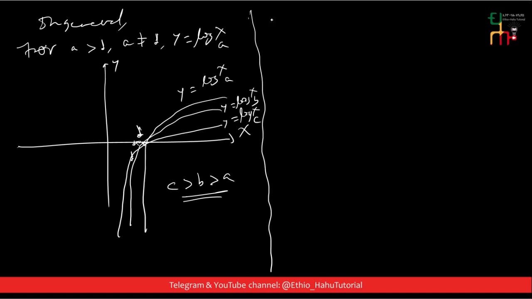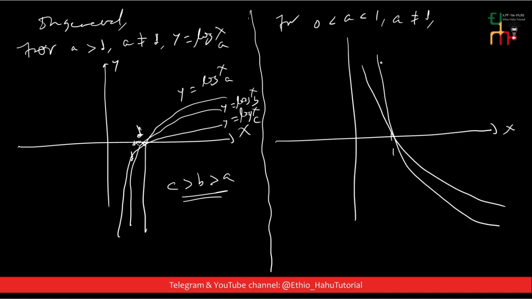But for a less than 1 and greater than 0, y is equal to logarithm of x to the base a, y is equal to logarithm of x to the base b, and y is equal to logarithm of x to the base c.